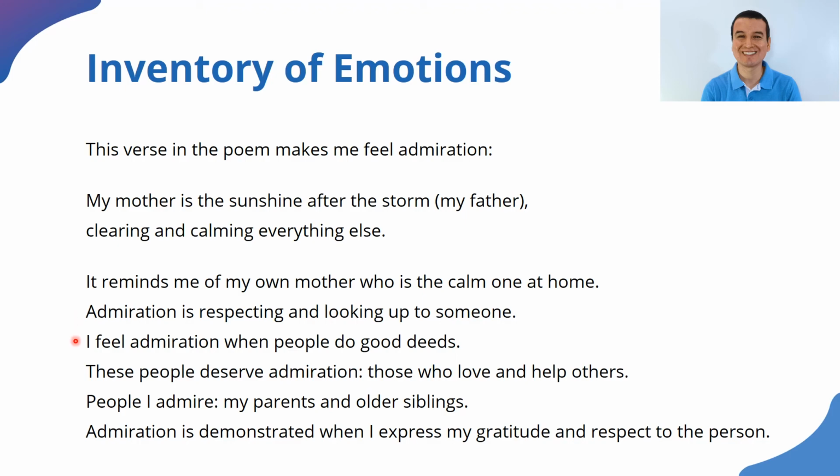I feel admiration when people do good deeds. These people deserve admiration, those who love and help others. People I admire, my parents and older siblings. Admiration is demonstrated when I express my gratitude and respect to the person.